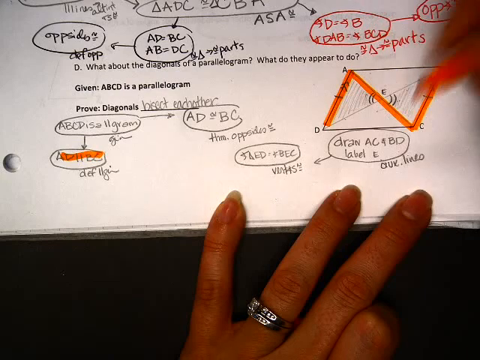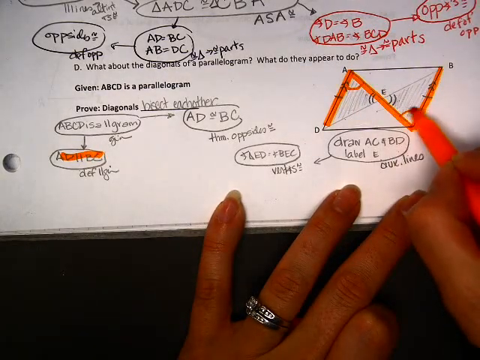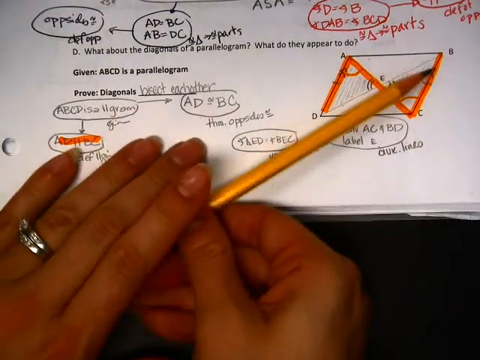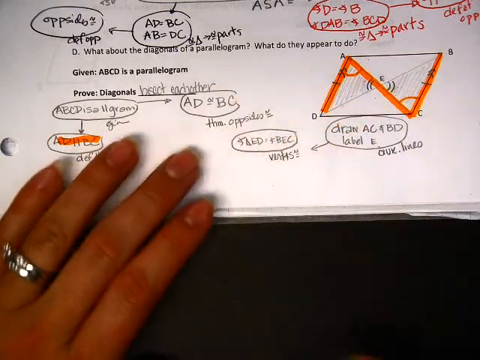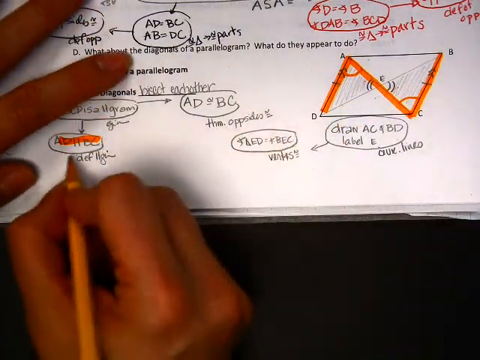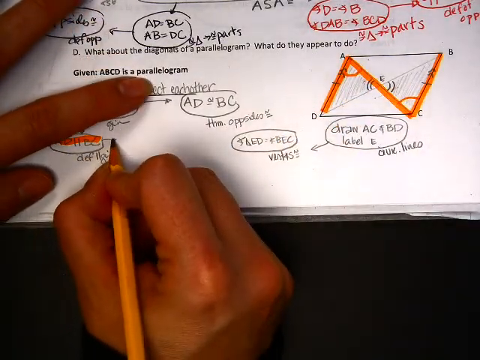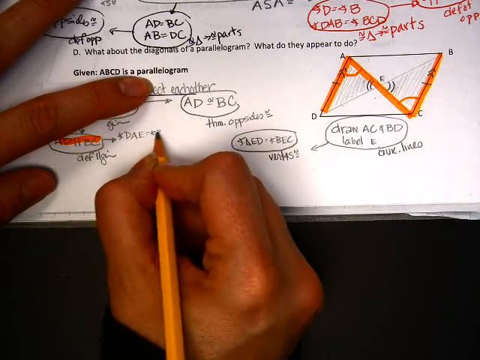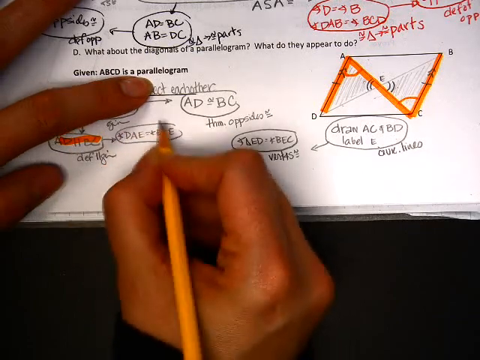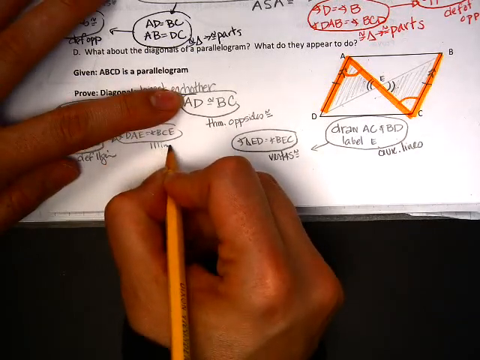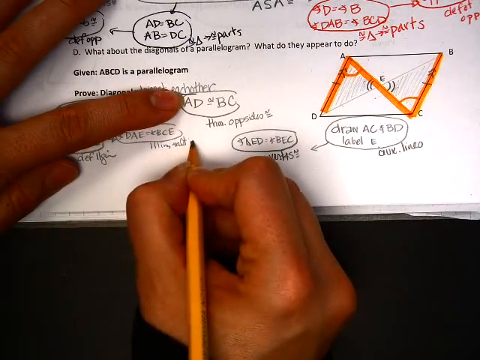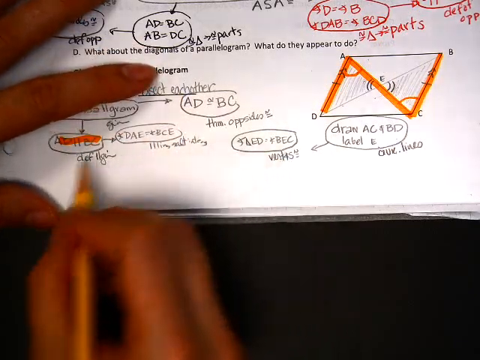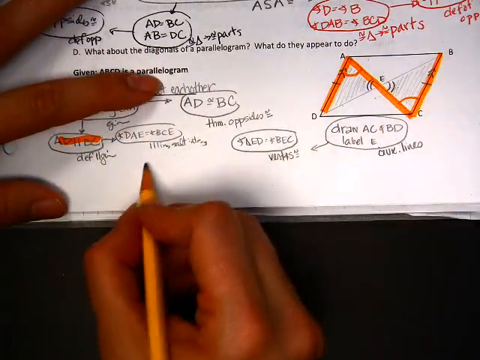If I choose this transversal, I've got these angles. If I chose this transversal here, then I would have the other two angles. But let's go ahead and use those since that's what I drew. And we'll go ahead and say angle DAE equals angle BCE because of our parallel lines giving us alternate interior angles are congruent. And now we have our congruent triangles.